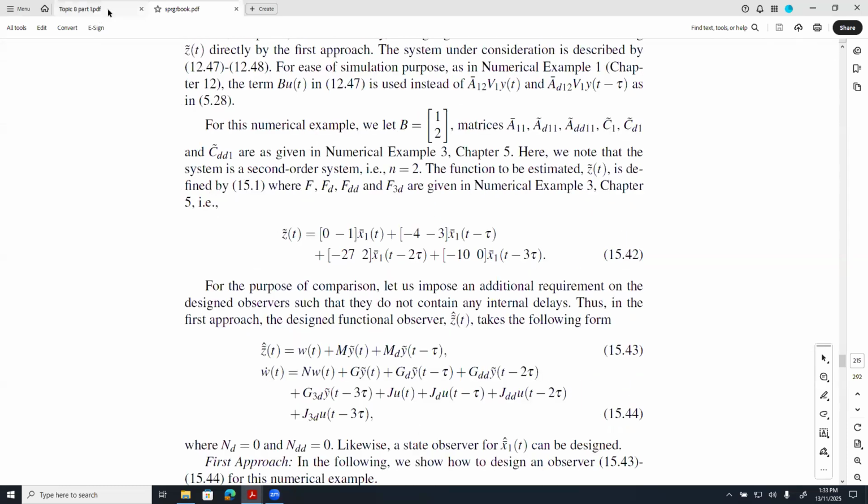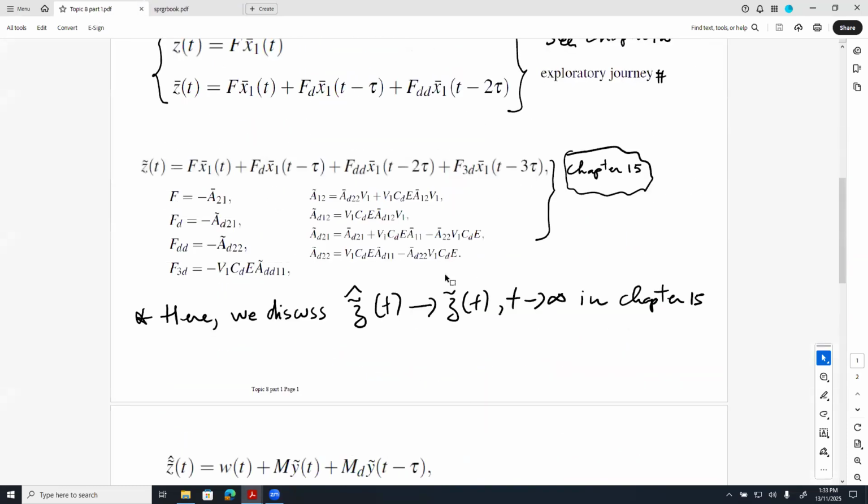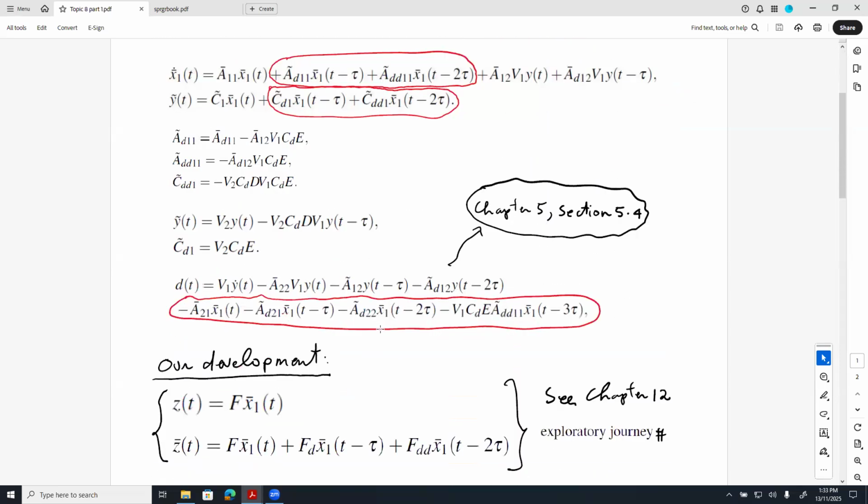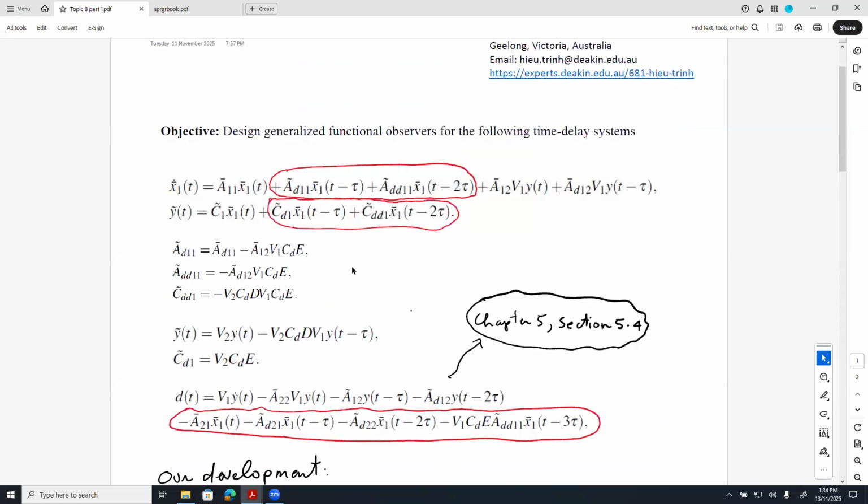As you can see, with the estimation of time delay systems with multiple delays in the stack and output measurements, and the idea of estimating these generalized functionals, the order of the observer can go beyond the dimension, or the number of stack variables. Okay. And bear in mind that the approach we are taking here is based on our systematic framework at a sub-level.